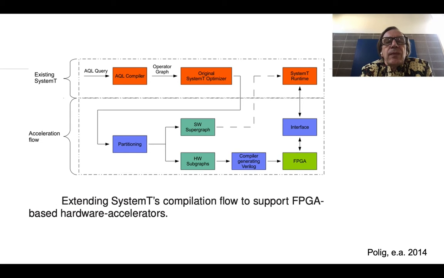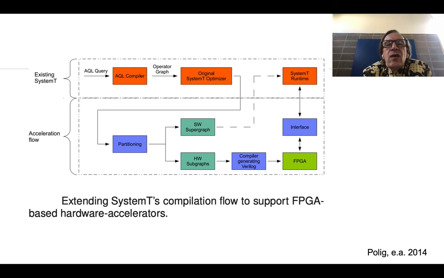This slide gives you an overview of how the System T accelerated solution is constructed. On top, you see the original System T in orange. And during compilation of the AQL language, the operator graph is partitioned into parts that can execute on the CPU and parts that are productive to accelerate on the FPGA.